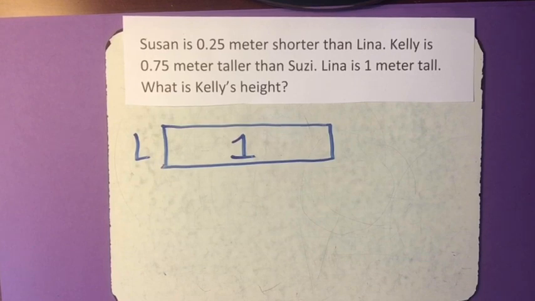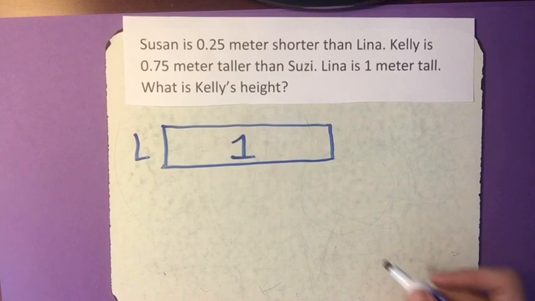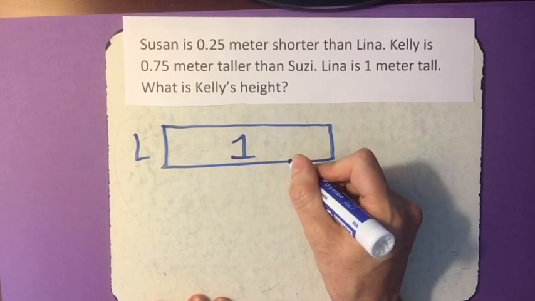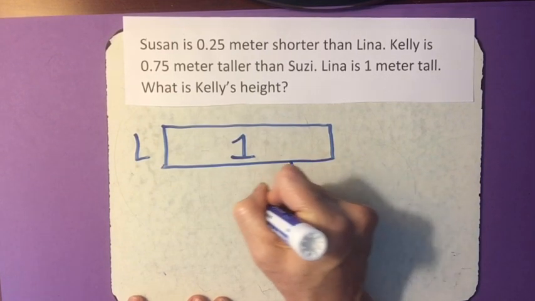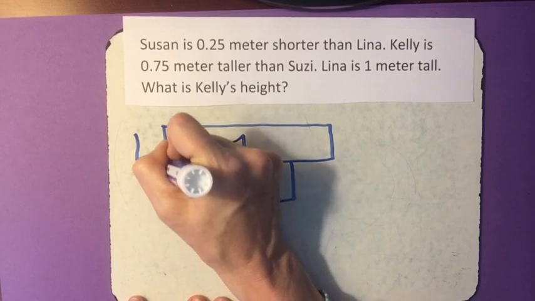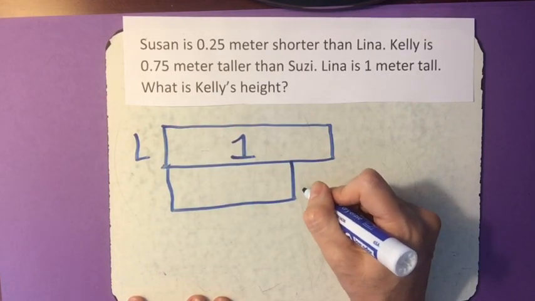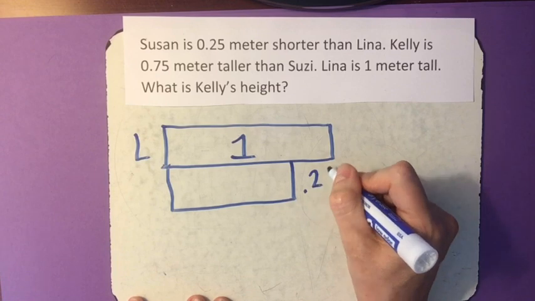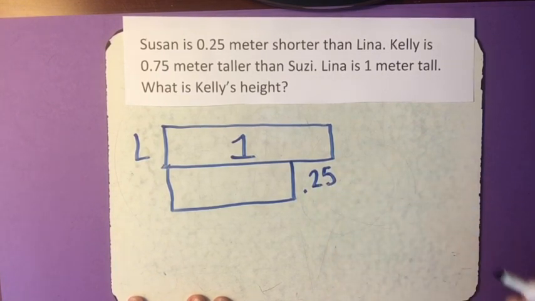So it says Susan is 25 hundredths of a meter shorter than Lena. So how would you show that in your bar model? I'm going to show it like this. I know this missing part, that she is 25 hundredths of a meter shorter than Lena.